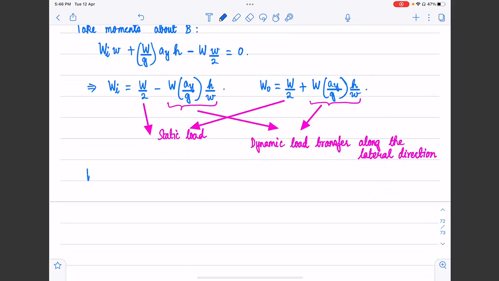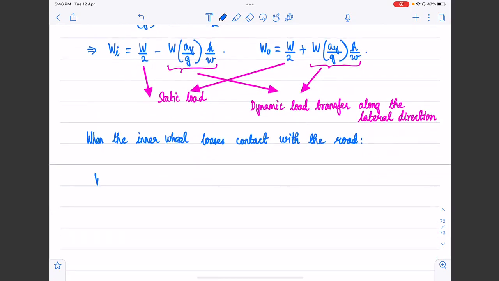So when the inner wheel loses contact with the road, we have Wi equal to 0.